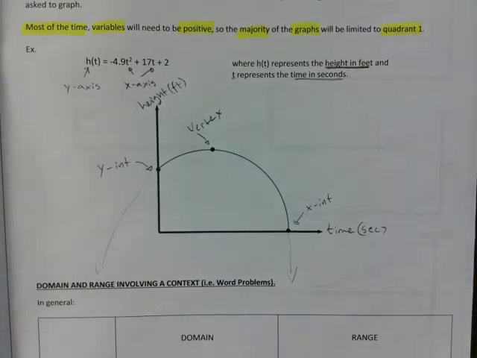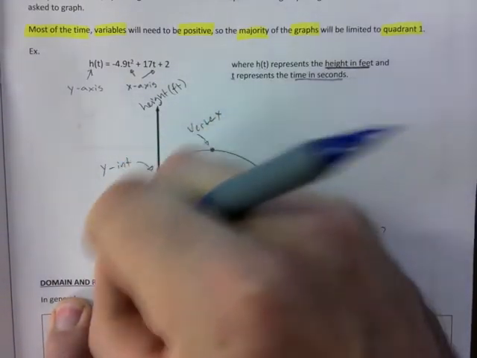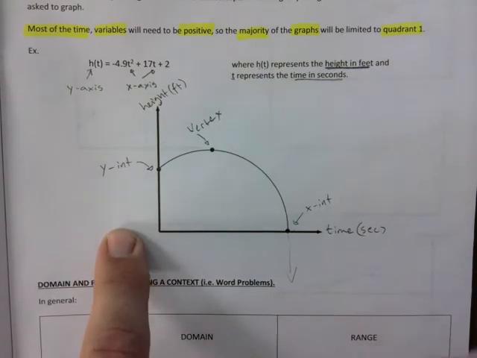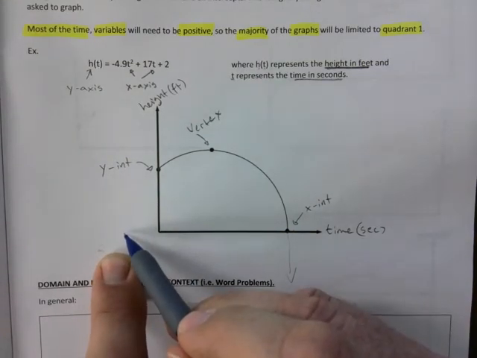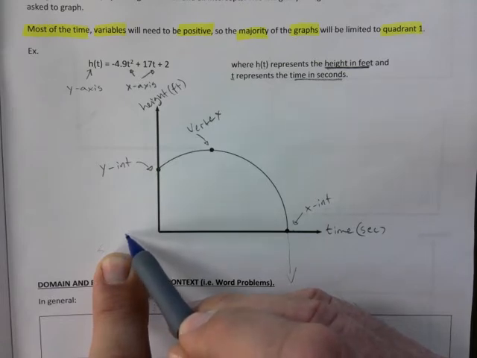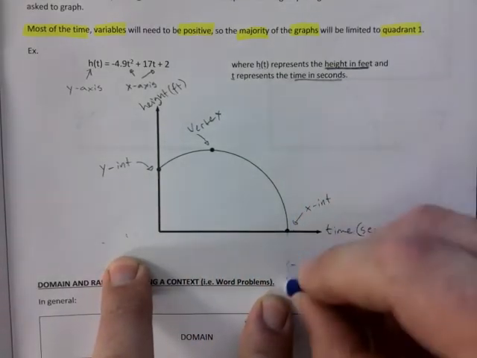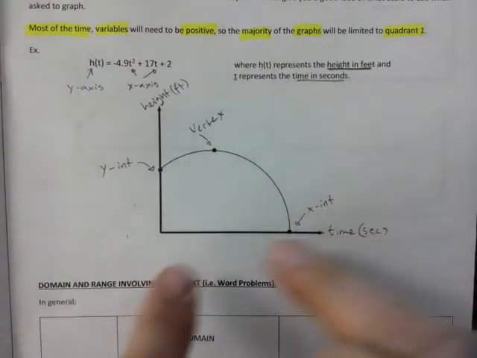It doesn't know, so you need to know this is now a word problem, and this is not going to be the case. So you know that x-intercept would be somewhere over here on your calculator. Right now it's a word problem, it will be omitted. We will not worry about it. Do not find this x-intercept because time is going to be negative here. So we are restricted within the first quadrant.